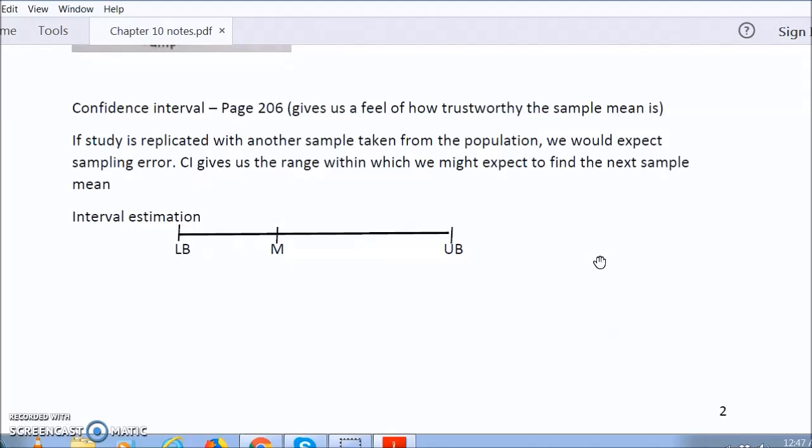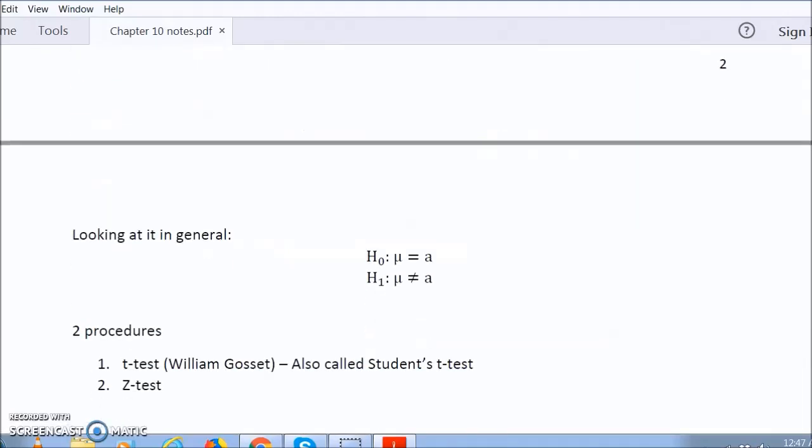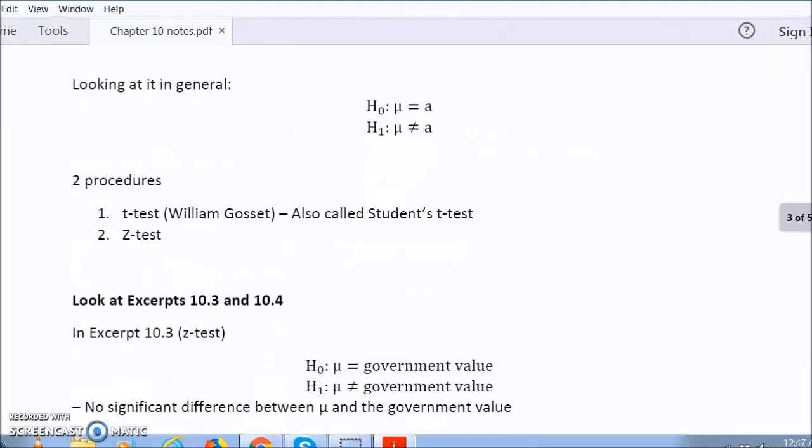And the bigger the range, the more each of the samples you are extracting is not representing the same thing. Once again, there is interval estimation that we talked about last time. Please review those if you have any questions about that.